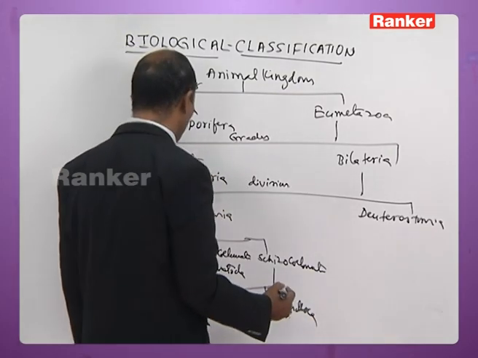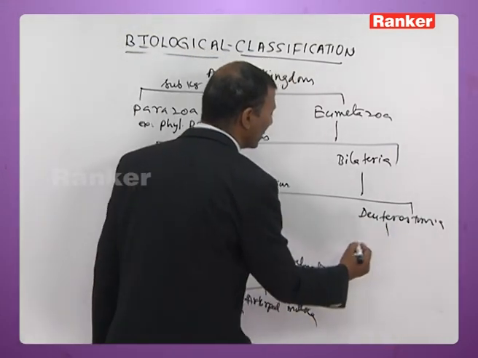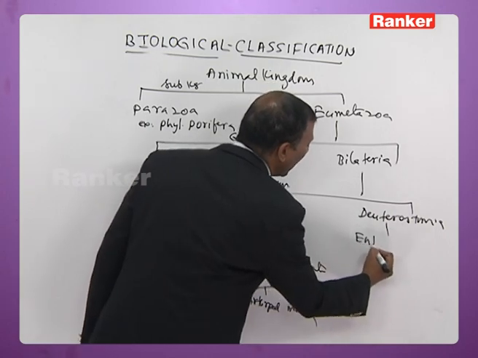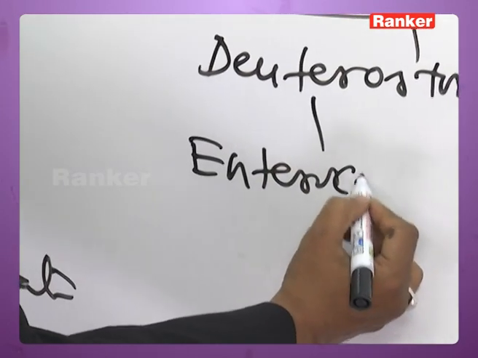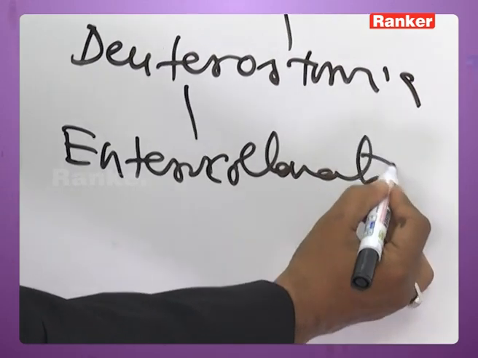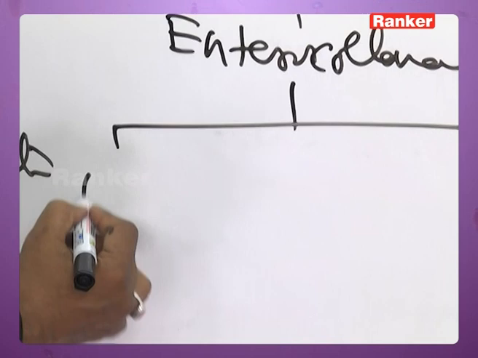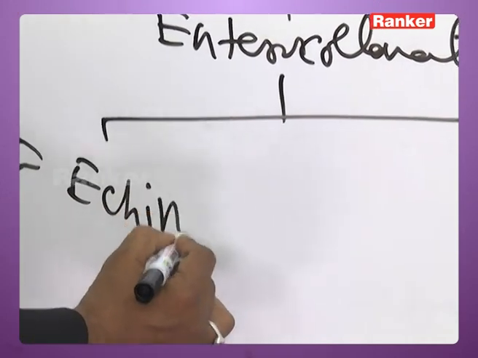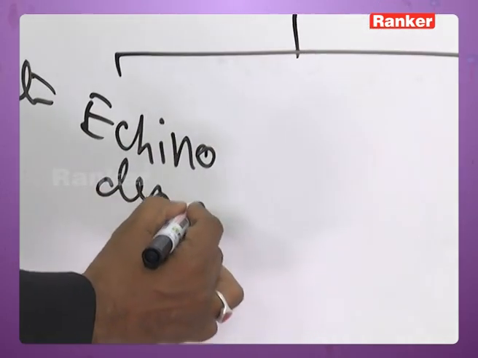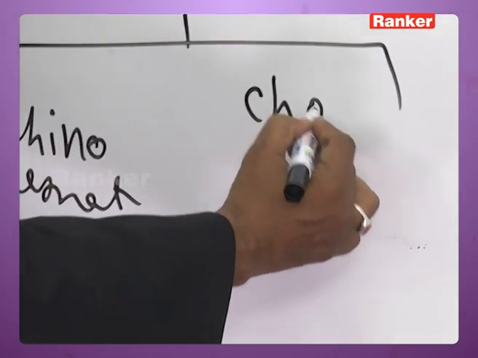Then under Deuterostomia you have a single subdivision, that is Enterocoelomata. This is divided into Echinodermata and Chordata.